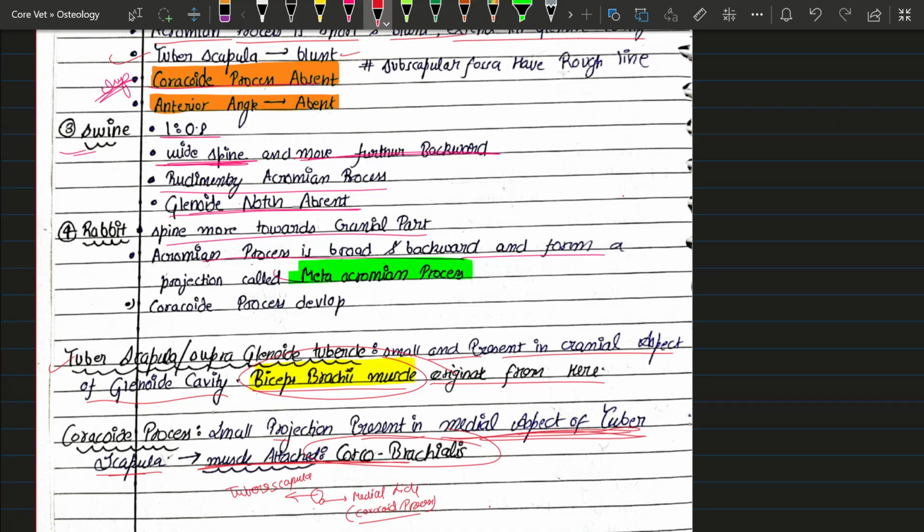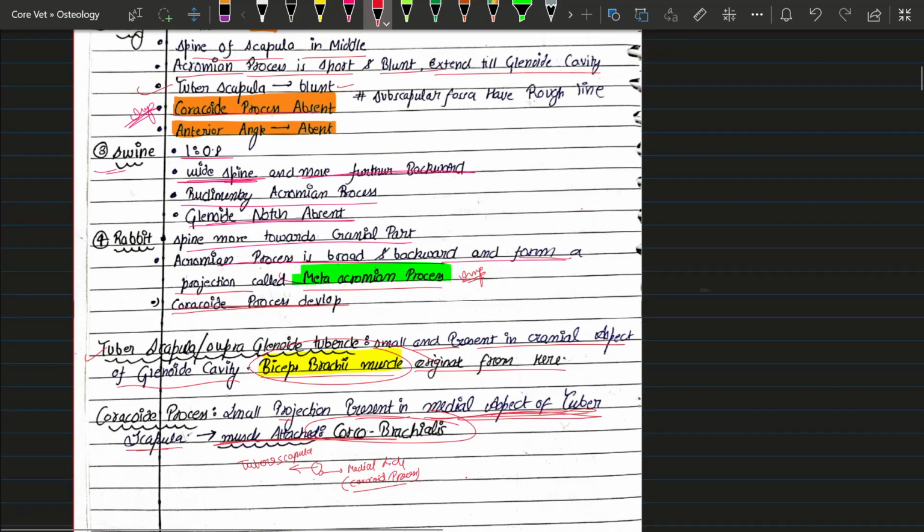How? The acromion process is broad and turns backward and forms a small projection known as the metaacromion process. This is one of the points you should remember about the scapula of the rabbit. Discussing the coracoid process, it is well developed in the rabbit.